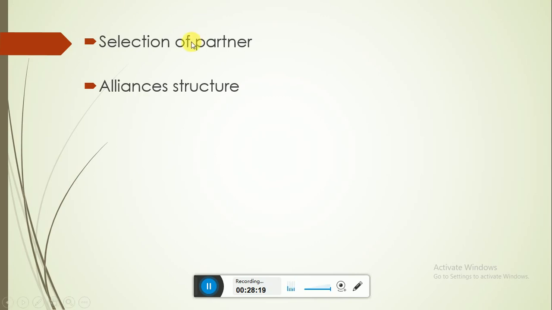If you don't have a proper partner, if your partner is not well known, if you don't know about their goals and objectives, then it might be one-sided. The partner might use your skills in order to develop their own company. Next, alliance structure. Which structure do you follow?